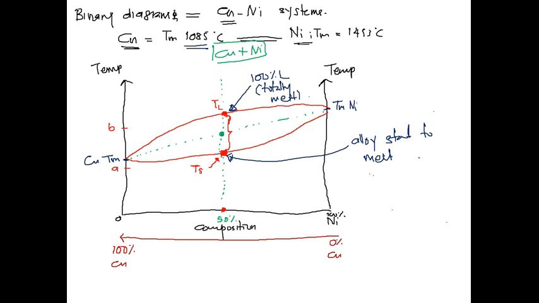Okay, so from there you tahulah, okay, nampak at this point your alloy will start to melt, at the TS point will start to melt. Okay, and then the temperature will keep on rising up until the TL point. So the TL point is where your sample is totally melt, 100% in liquid. Okay.